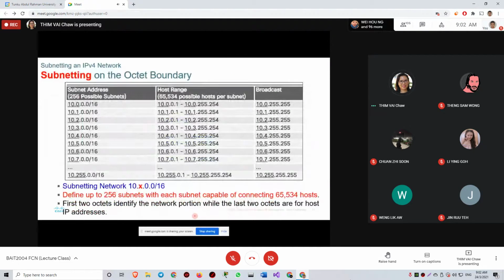In this example, I just want to show you this is a class A, originally /8. But now he gives you /16, meaning he is borrowing 1 byte from here.